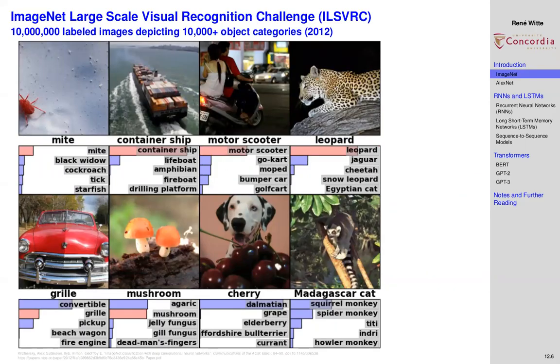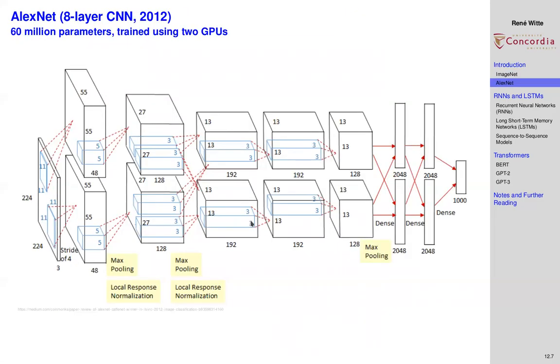If you don't see it in the video, if you go to the PDF, you can click on the link and you see his original publication. So this system beat all the other systems by about 10%, which was unheard of at the time. So this was significantly better than any other system. So that was the starting point for everybody moving from the classical machine learning approaches to deep learning approaches.